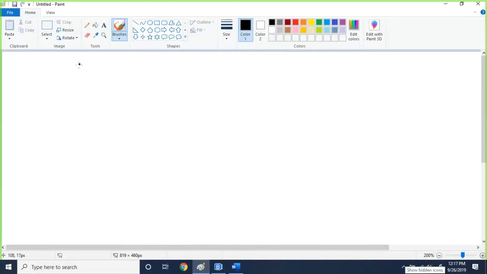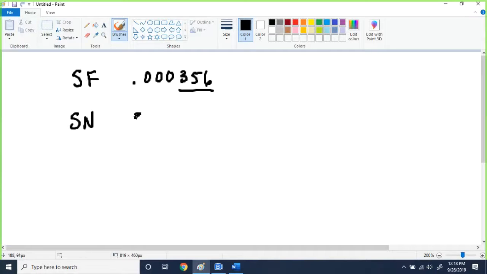Okay, let's do another small number where we start in standard form. 0.0003 56. We go to scientific notation. I'll write out my positive integers, 3, 5, 6.